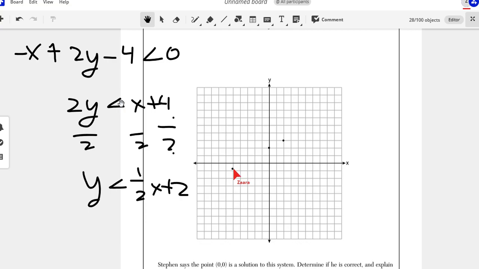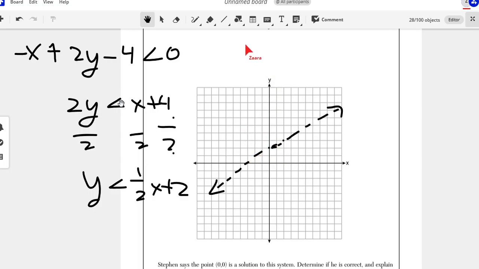You have to make a line, a solid line or a dashed line? Solid, because it's not equal to. No, you have to make a dashed line because the inequality is strict.